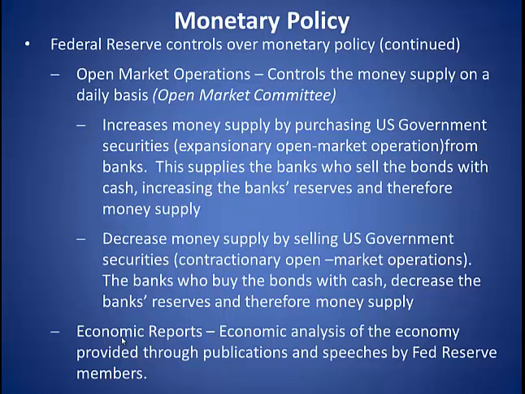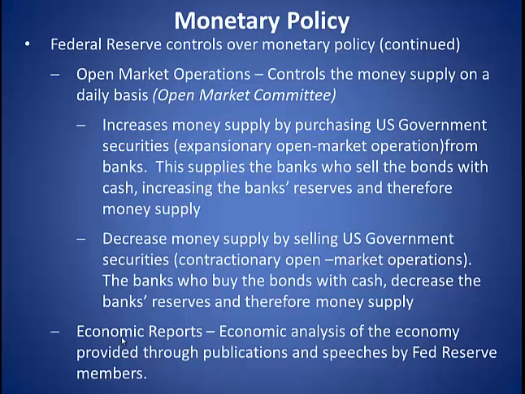That's called expansionary open market operations. And it's purchasing those securities from the banks. In effect, this supplies the banks who sell those bonds with cash, which increases the bank's reserves and therefore the amount of money that the bank can loan out, therefore money supply.